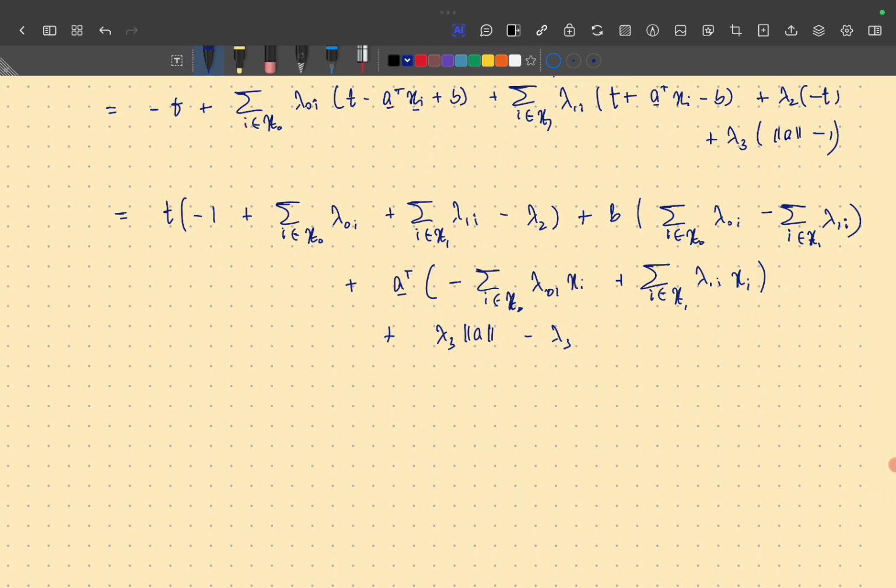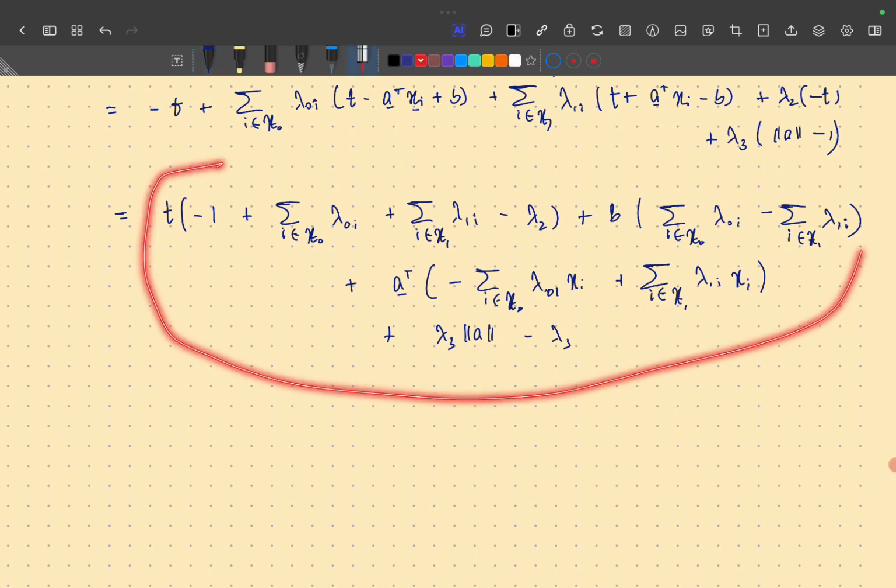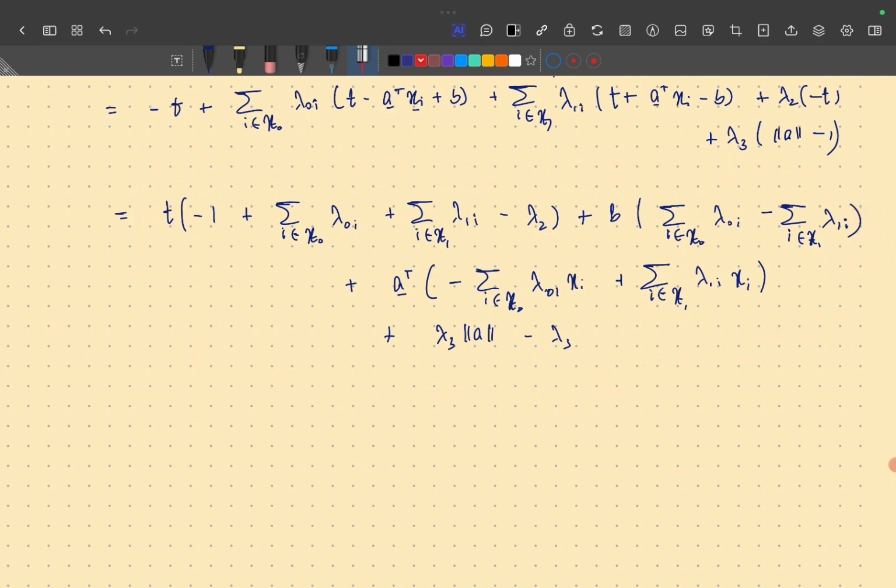So the Lagrange dual is equal to minus infinity if this is non-zero. Likewise, it's also equal to minus infinity if this quantity is non-zero.